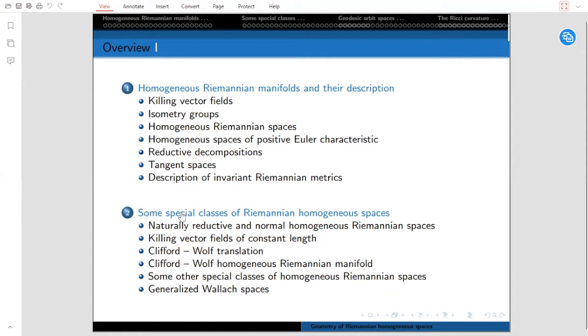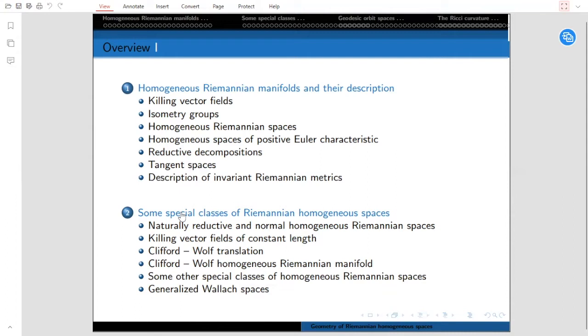well-known problems. And another reason is that if we have some conjecture, for example, for Riemannian geometry, then these special classes give us some examples which we can use to check our conjecture in some special cases.